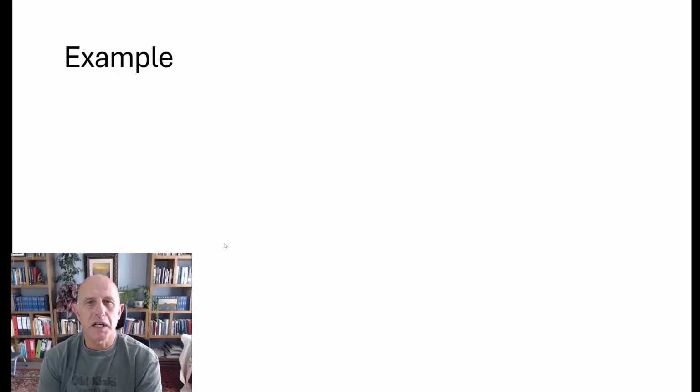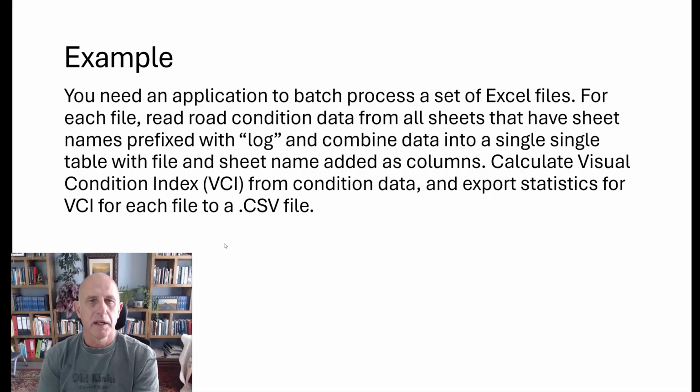So let's look at an example of a problem you may want to have solved in your engineering domain. I had mentioned a problem like this in one of our first videos. Let's say you need an application to batch process a set of Excel files. For each file, you want to read the road condition data. That's my engineering domain, so I always stick with those sorts of problems.